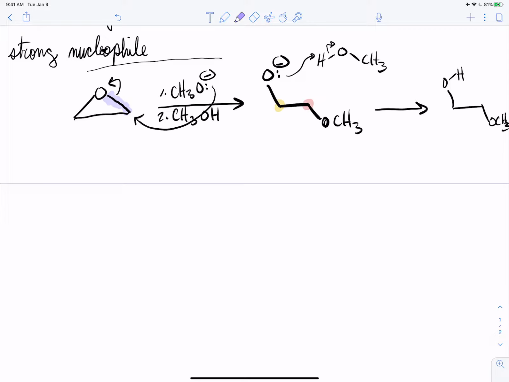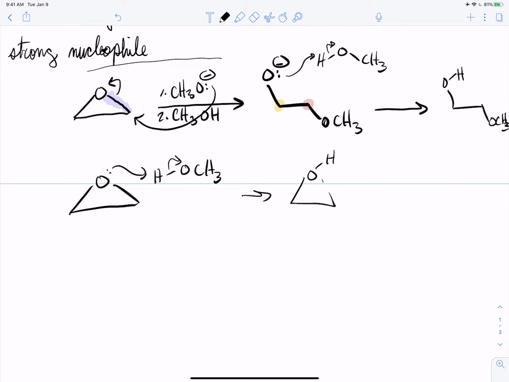So you don't want to make the mistake of protonating this in the first step. Some students will do that out of habit, which up until now has been a good habit, which is to say, oh, I know I need to protonate this in the first step, so maybe I have something like this happen, and then the CH3O minus comes in and kicks that open.